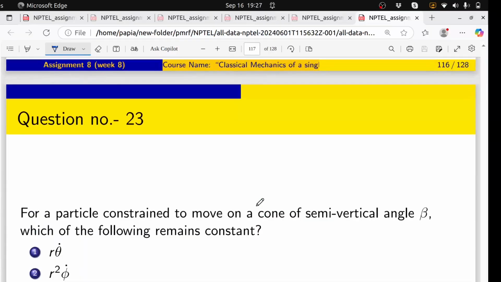For a particle constrained to move on a cone of semi-vertical angle beta, which of the following remains constant? So that is also a Euler-Lagrange equation question, and after that we can talk, right? So, okay, let me write here.